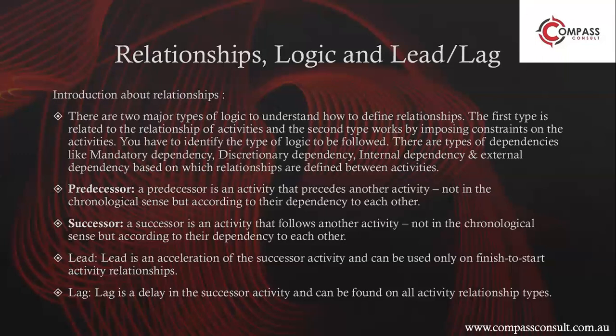So, depending on the type of dependency that you have in the project, you will assign the relationship of activities as finish to finish, finish to start, start to finish, and start to start. Out of the four relationships that we have, we use only the three common ones, which are finish to start, start to start, and finish to finish.